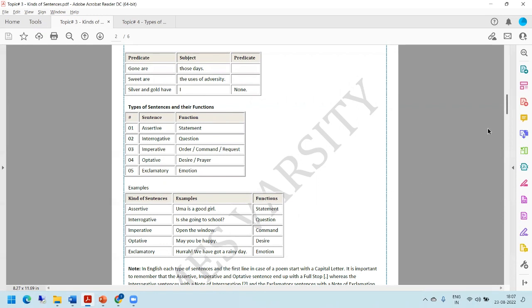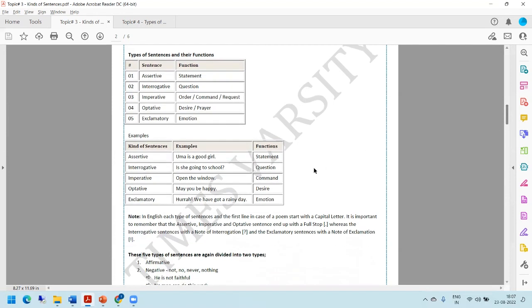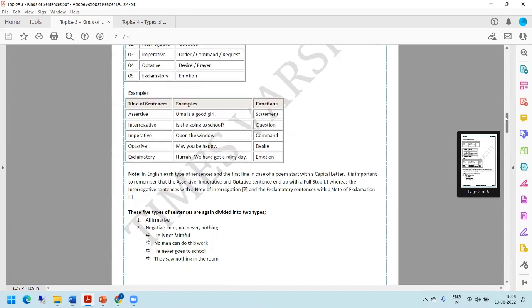Similarly, the kids who go to school, whenever they find a chance to take off from school, they also get excited and they say, hooray, we got a rainy day today, right? Hooray, we won the match. So this is also a sentence where emotions are expressed. So such sentences are called exclamatory sentences. Okay. So these are the examples of different types of sentences.